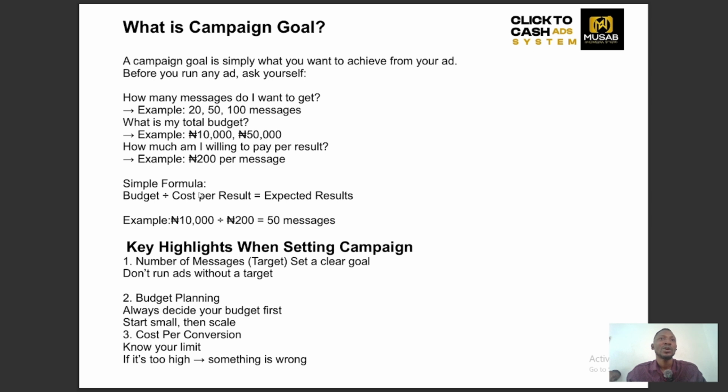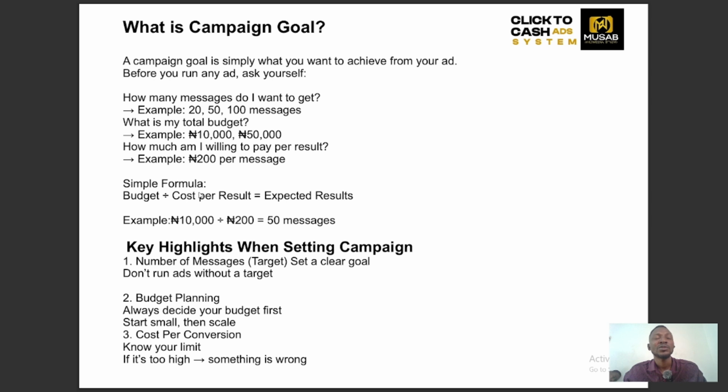If for example I am selling a product of 1,000 naira and I budget to spend 5,000 naira daily, and I am expecting to have at least 20 messages, and then out of the 20 messages I should be able to convert at least 15, then I have made 10,000 naira extra for myself. You need to make this plan.